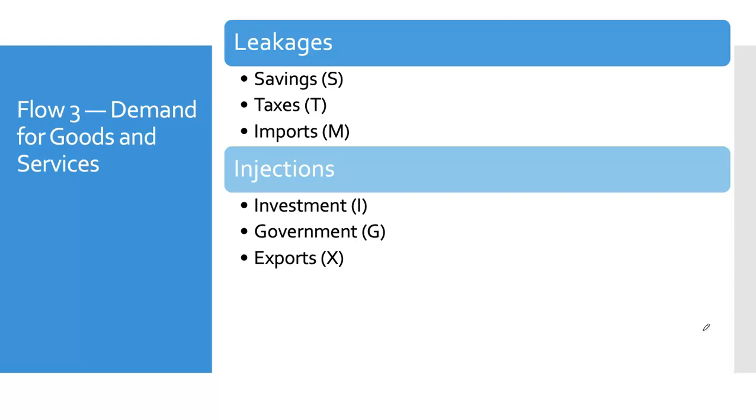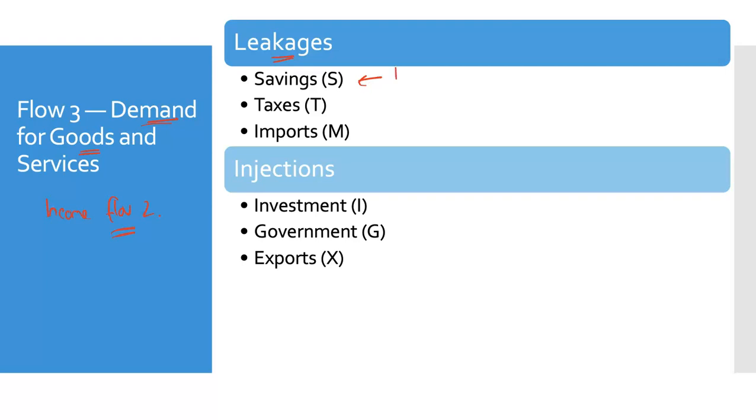Now, the demand for goods or services becomes a little bit complicated. If we think about all of the income that has come from flow 2, not all of that theoretically ends up being demand for goods or services. Some of this leaks out. In some cases, individuals save that money. So they save their income.